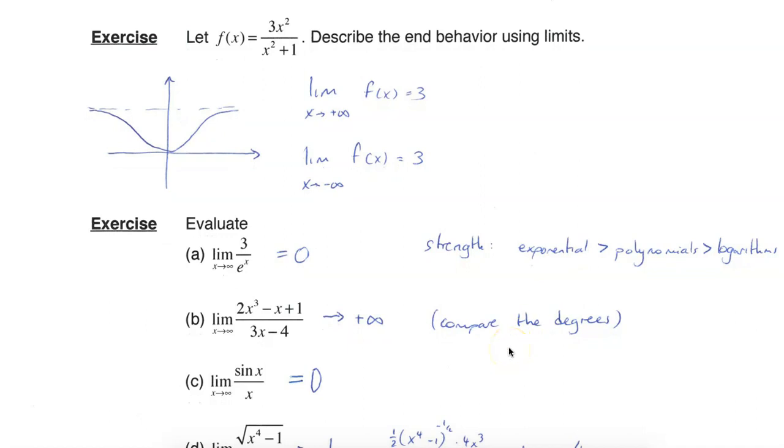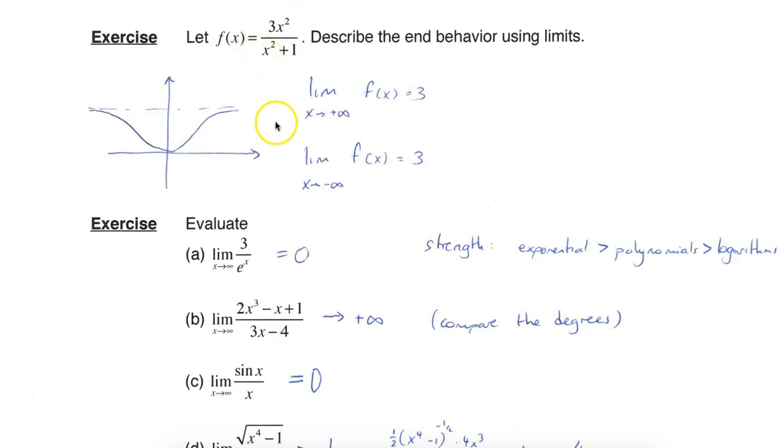So, first example, describe the end behavior using limits for the function given here. So we have seen that you can use the rule that when you have a polynomial over a polynomial, you compare the degrees, and if the degrees are the same, then you have to take the ratio of the leading coefficients. So here it's 3 over 1.